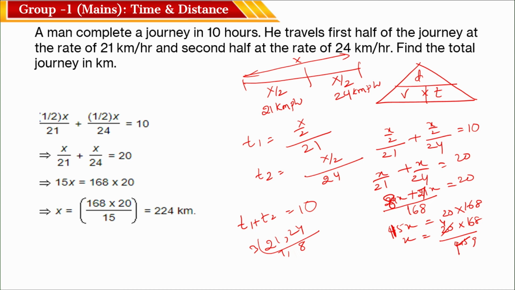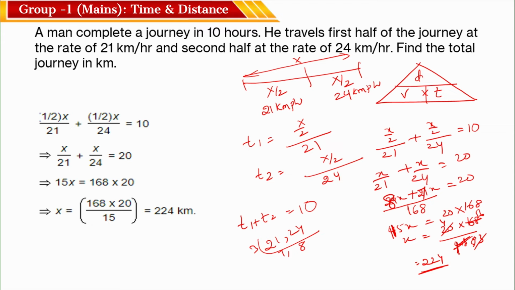So it is 15 3s, correct. Now it is 3s 3 1s, 3 56, 56 means 224. So the value is 224 kilometers.